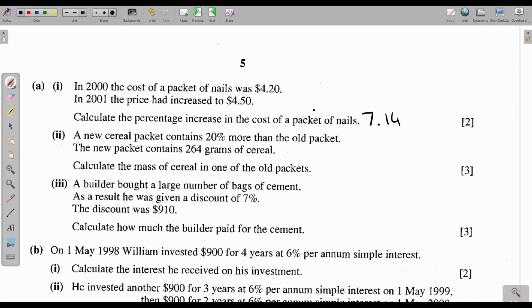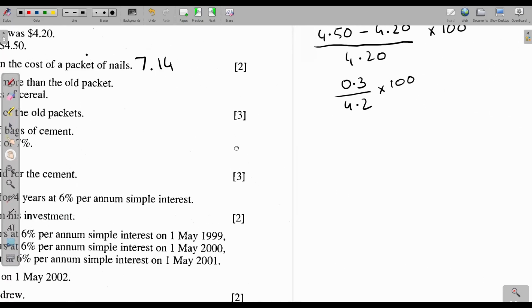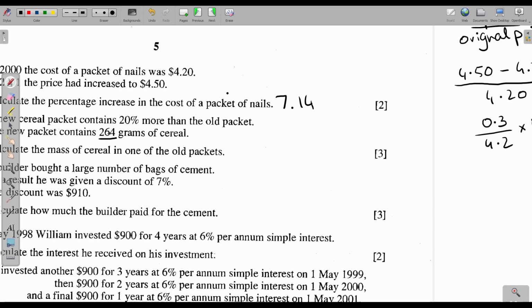A new cereal packet contains 20% more than the old packet. The new packet contains 264 grams of cereal. Calculate the mass of cereal in one of the old packets. So let's say the original packet was X grams.